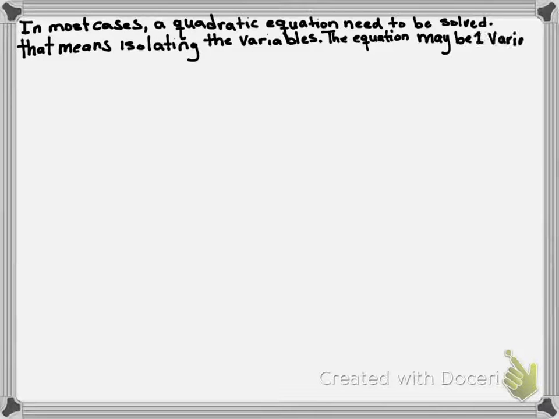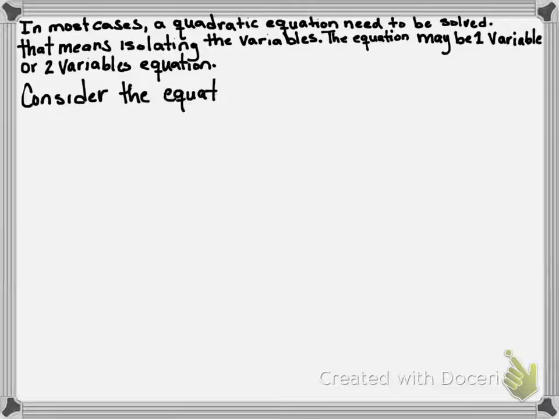Now, given that when you're solving, you're going to have to isolate the variable. Okay? You have to get the letter by itself. All right? Now, let us look at one equation as given. The equation x squared minus 3x minus 10 equals 0.